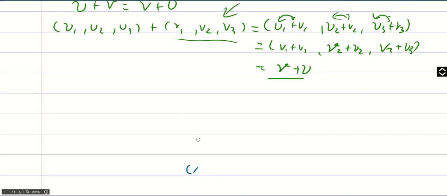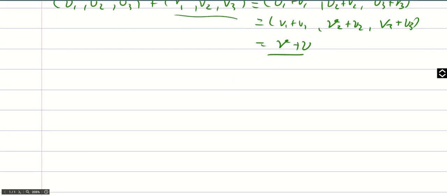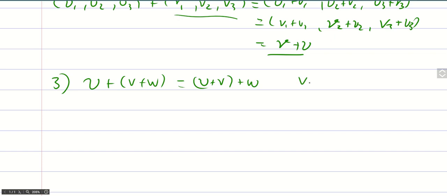So actually all the axioms in general satisfy the same conditions as R3 because they are vectors in R3. So the third, for example, (u plus v) plus w equals u plus (v plus w), is just a sum of vectors in R3. So they satisfy these conditions because they are vectors in R3.